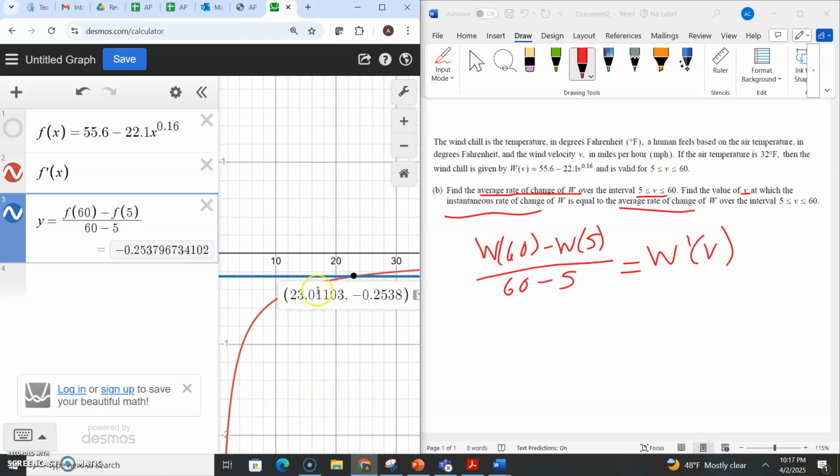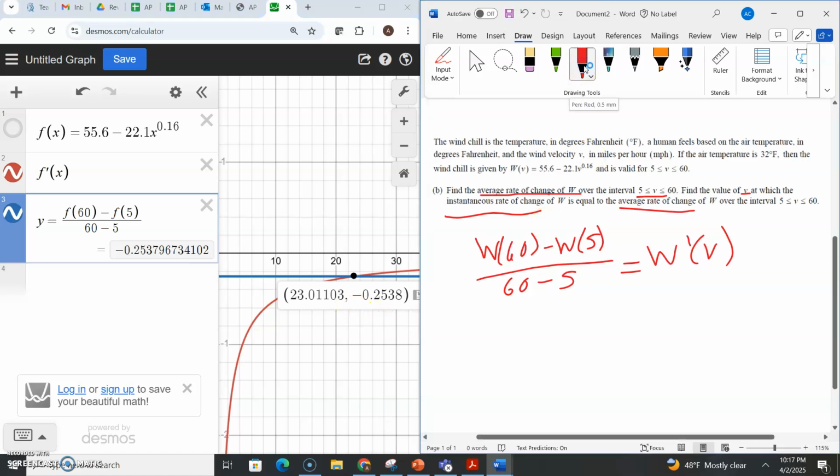And I see that occurs here at 23.011. So I would say then the average rate of change and instantaneous rate of change are equal at v equals 23.011.